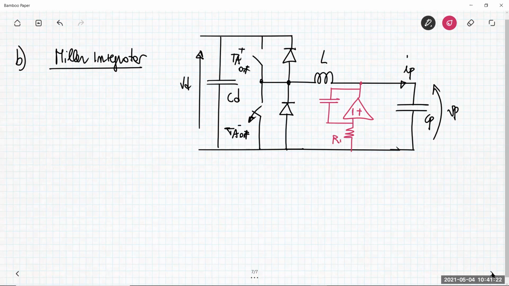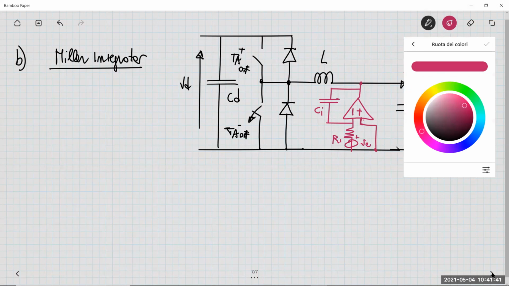So RE, then we have a voltage VE here, and this is CI, RI, CI, VE. And this plus is the reference. I put this circuit here. This is a simple integrator.